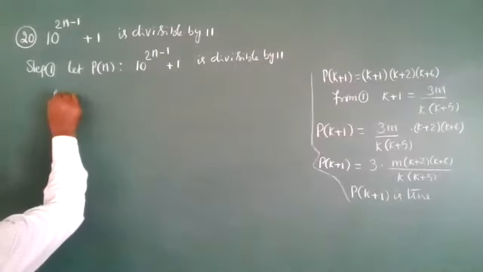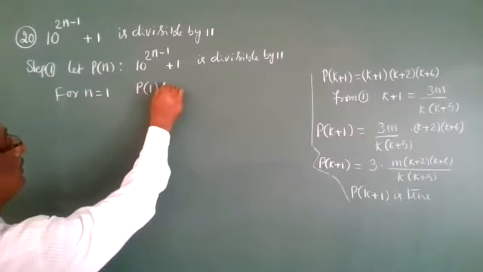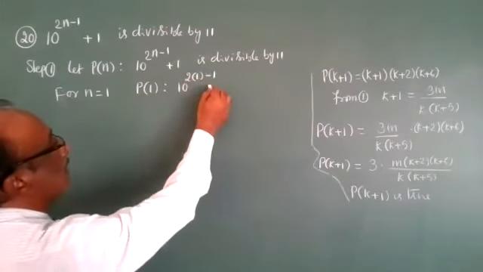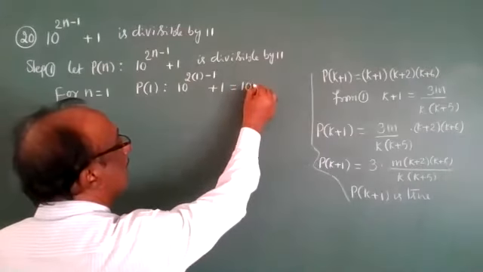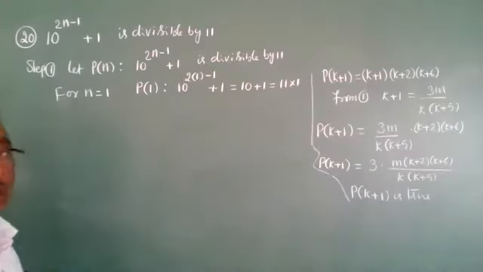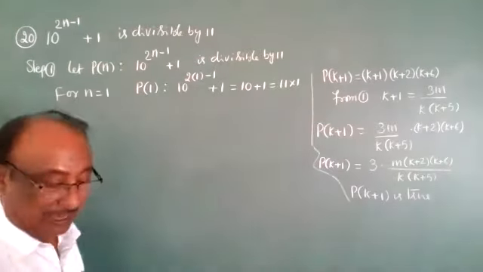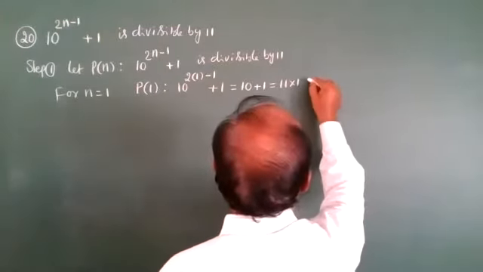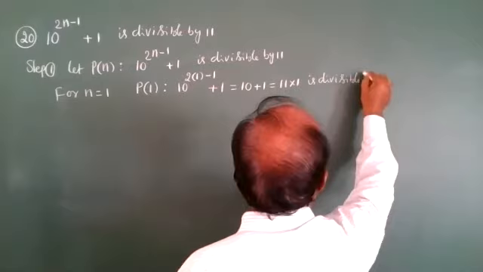Now write down for n is equal to 1. P of 1 is 10 to the power of 2 times 1 minus 1, plus 1, which is equal to 10 to the power of 1, plus 1. Therefore 11 into some number. So it is a multiple of 11.